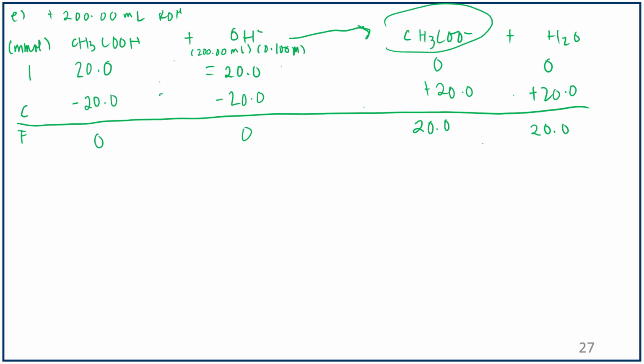And to do that, we have to write an ICE table, considering again the hydrolysis of acetate ions. So the hydrolysis reaction should be CH3COO minus with water in equilibrium with acetic acid plus OH minus.